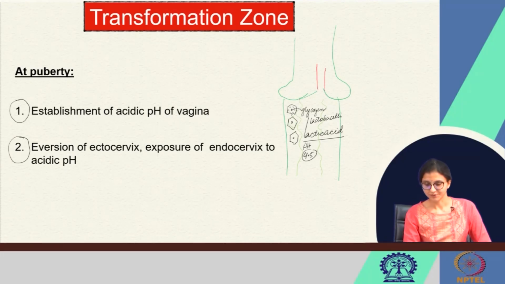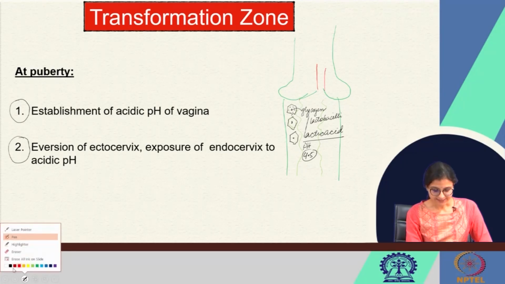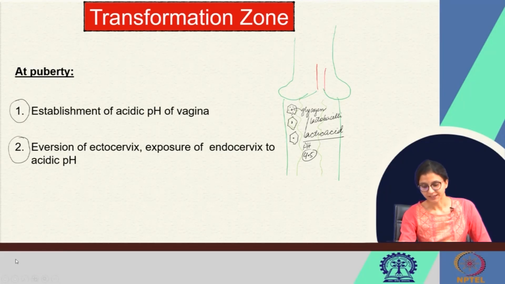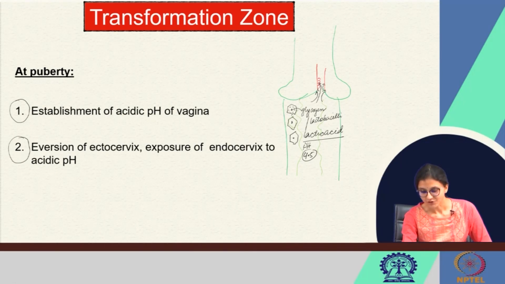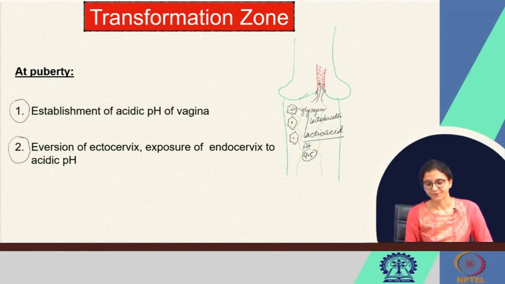This eversion of the ectocervix leads to the exposure of the columnar cells of the endocervical canal to the acidic pH of vagina. These columnar cells, when exposed to the acidic pH of vagina, undergo metaplasia.